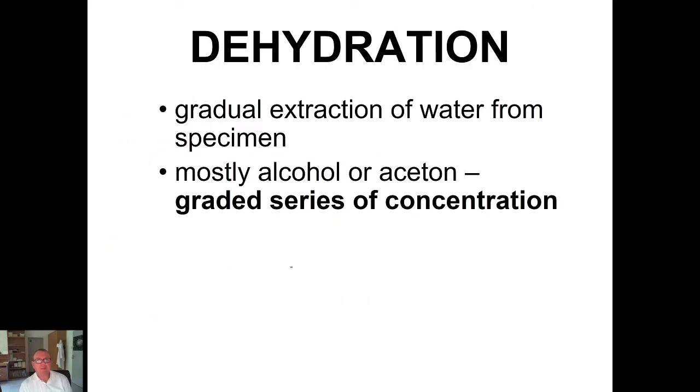After washing, we can start the procedure of embedding. And the first step in this quite complicated procedure is dehydration. Why? Because the media which are used for the embedding of tissue, and embedding is a necessary step to cut it. We are usually not able to cut the tissue without embedding, because it's usually very soft.